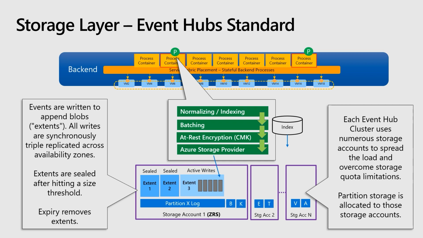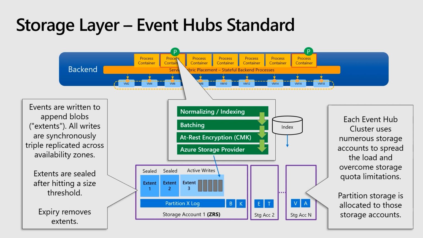Once we reach a size limit on that extent, we will seal it, and then we can read from it, obviously. And those extents will then be subject to our expiry policy. If you tell us you no longer need your data after a day or 7 days or whatever your policy is, that's when we end up deleting those extents.